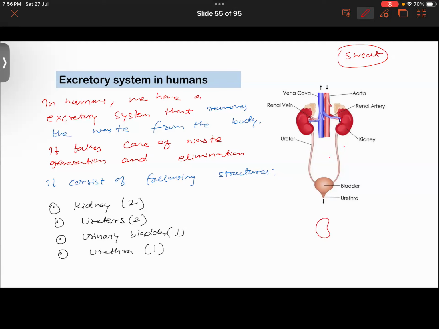In that case, that kidney will grow in size. It will compensate and perform the functions of both kidneys single-handedly, so its size will increase. Getting what I'm trying to say? So that also happens.